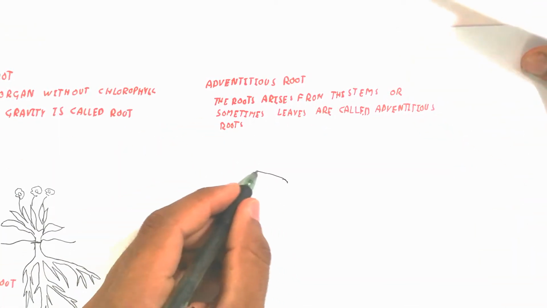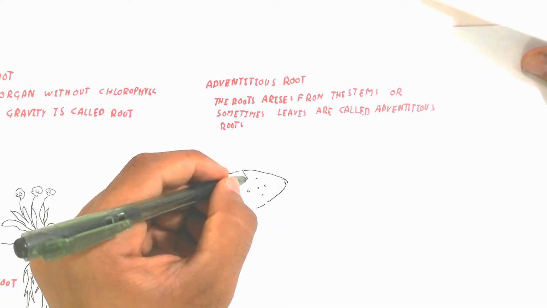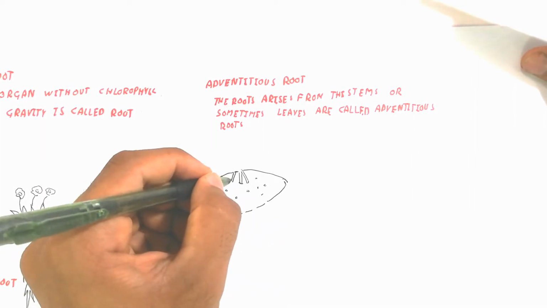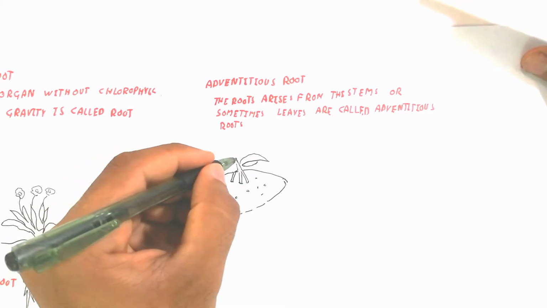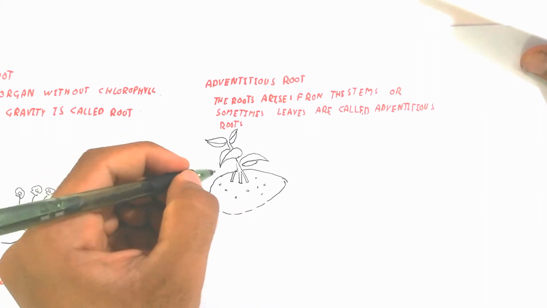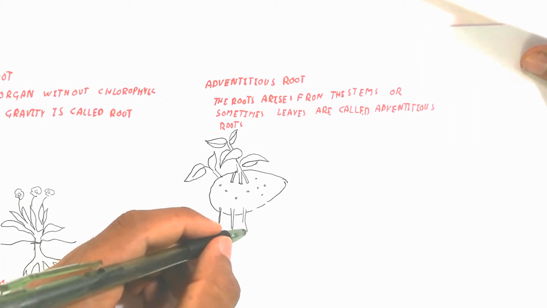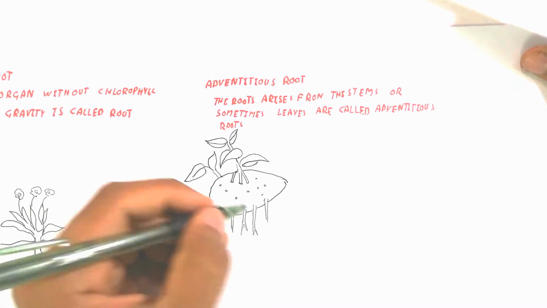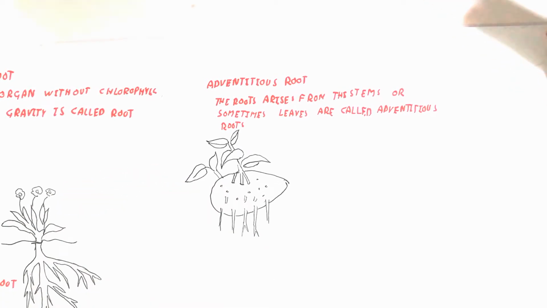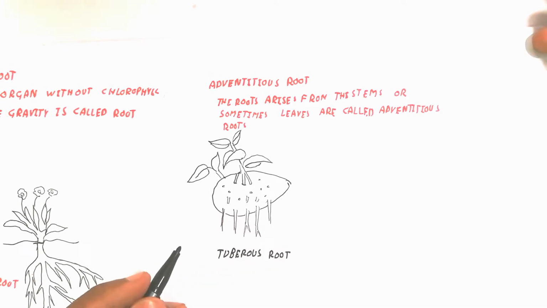A fibrous root arises from, for example, a leaf, or sometimes in the form of potato, which arises from the shoot, and downward it produces the roots. That root is a tuberous root because it arises from the tuber. A tuber contains fleshy food, starch and other things.